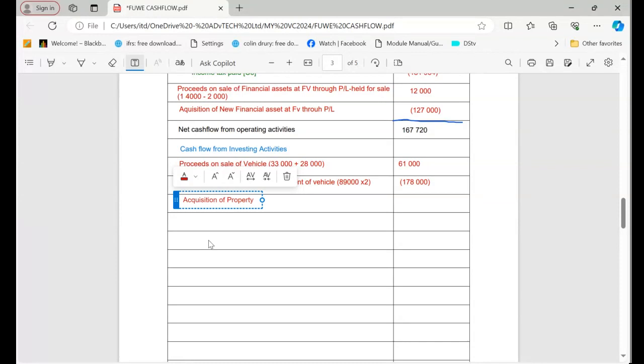Because it didn't warn me. How much was it? 136,600. Outflow or inflow? It's outflow, because we bought, so cash went out.